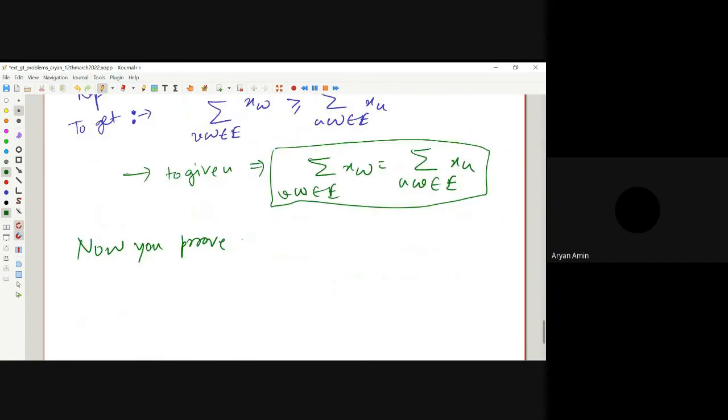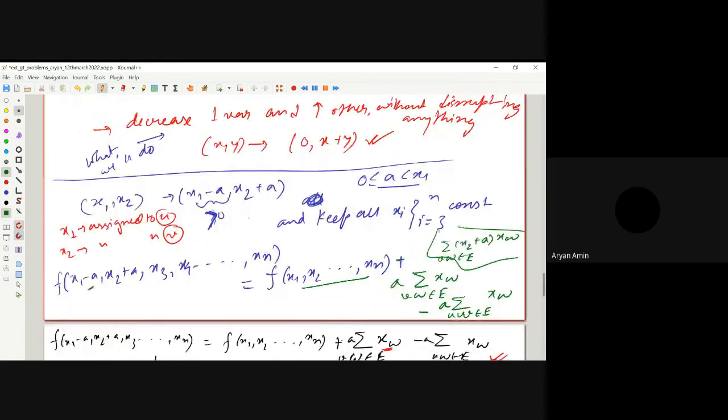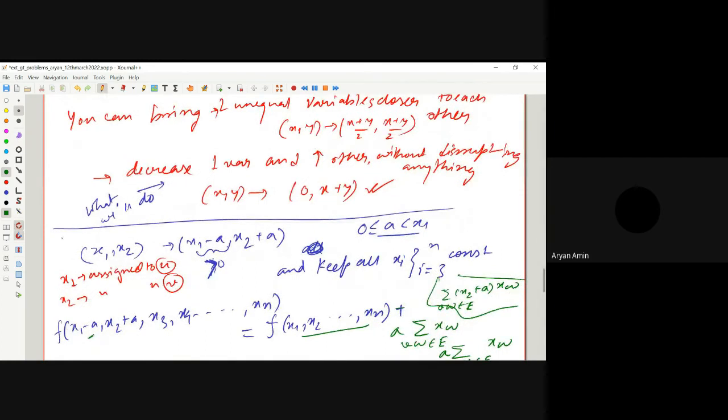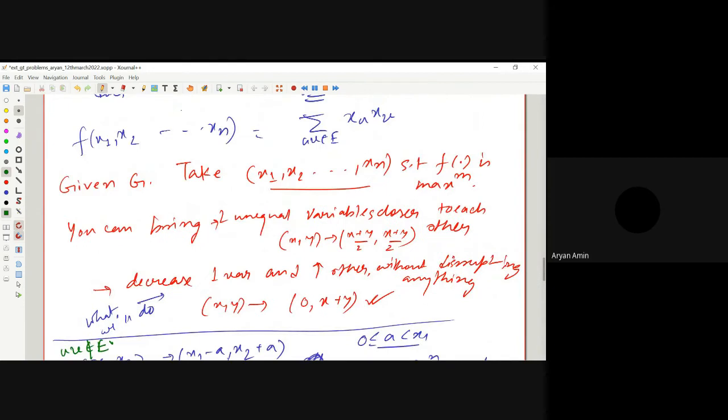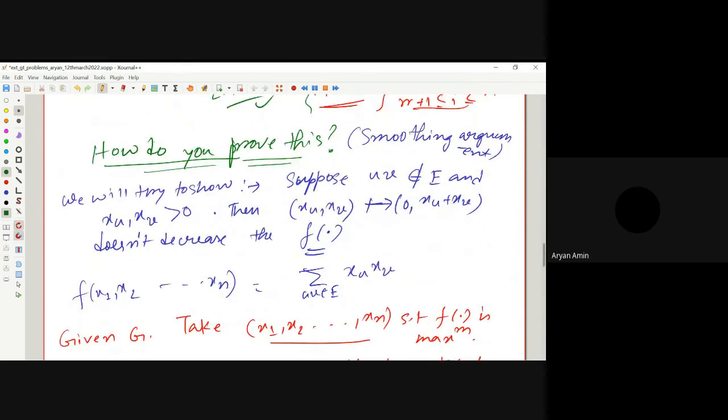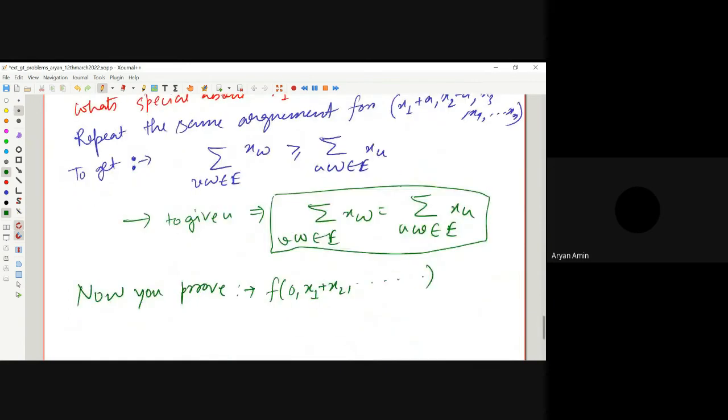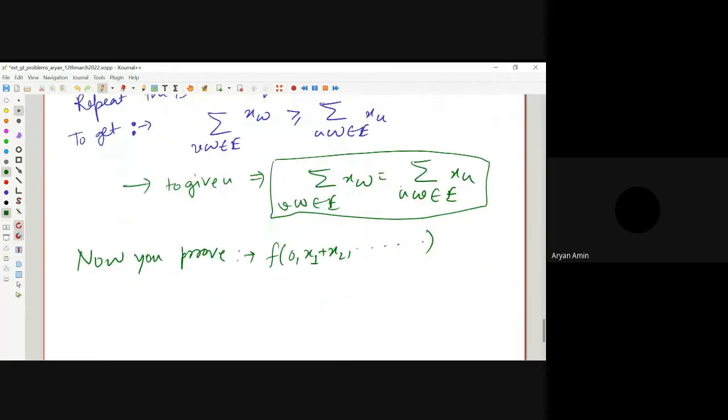So now if you have this, you can basically just prove this, right? You can also assume uv is not an edge, because we assumed that in the beginning. So uv is not an edge, so you don't have an x1 x2 term coming up, if that's what you're thinking.